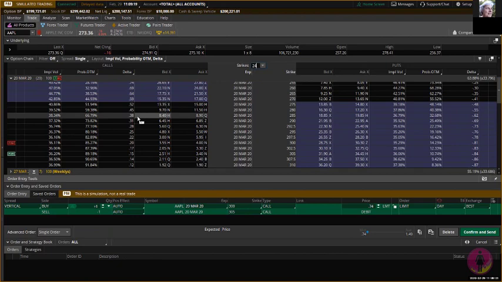Though then I was listening to our previous video, and I should have picked around 20. Look at the delta around 20, because if the delta is around 20, it means that there's an 80% chance that the option will expire worthless.